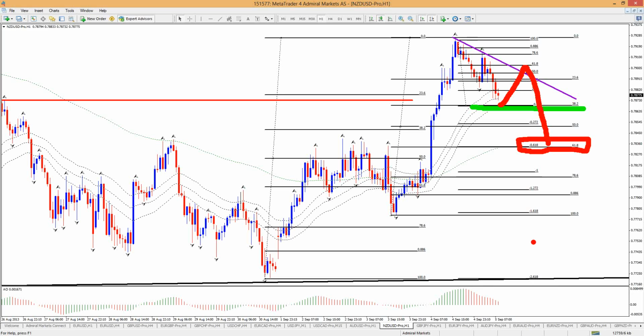There's that confluence between the 618 and the minus 618, the fib ratios. So something like that could be very possible. You see that? Up, down, up, back to the trend line, respect the trend line, and then break.